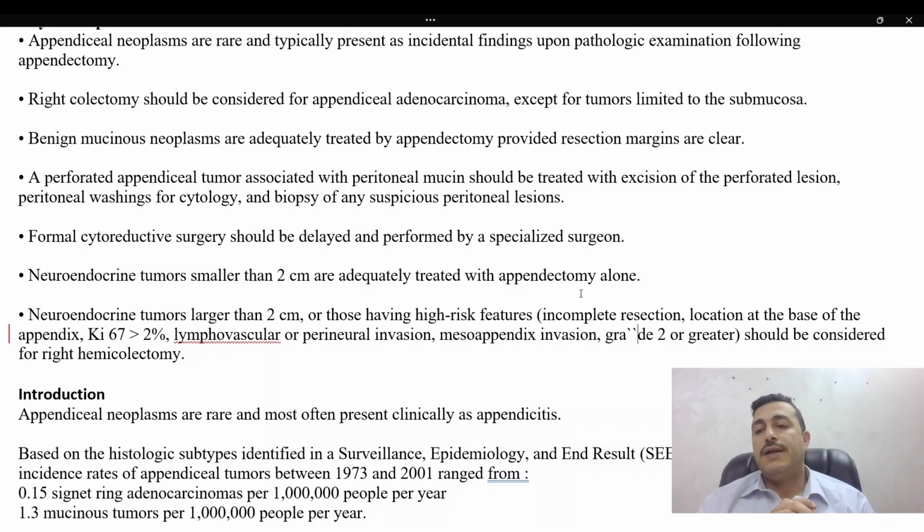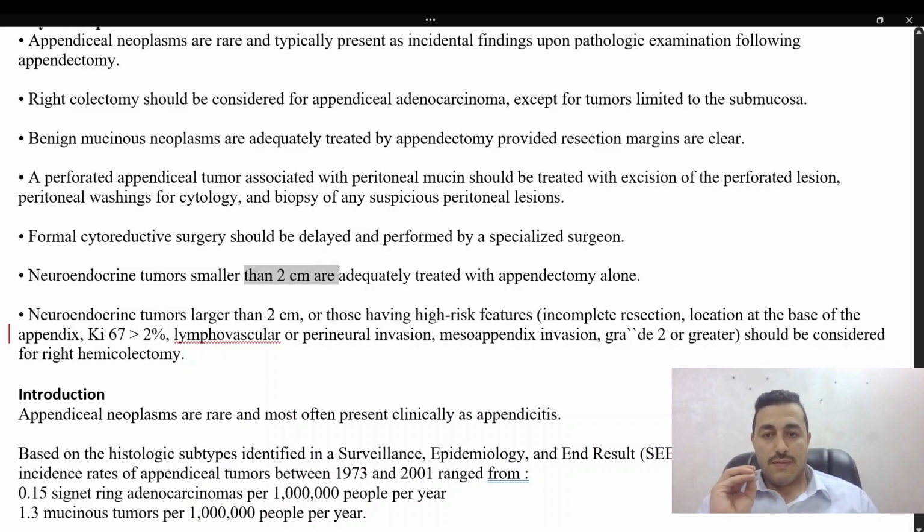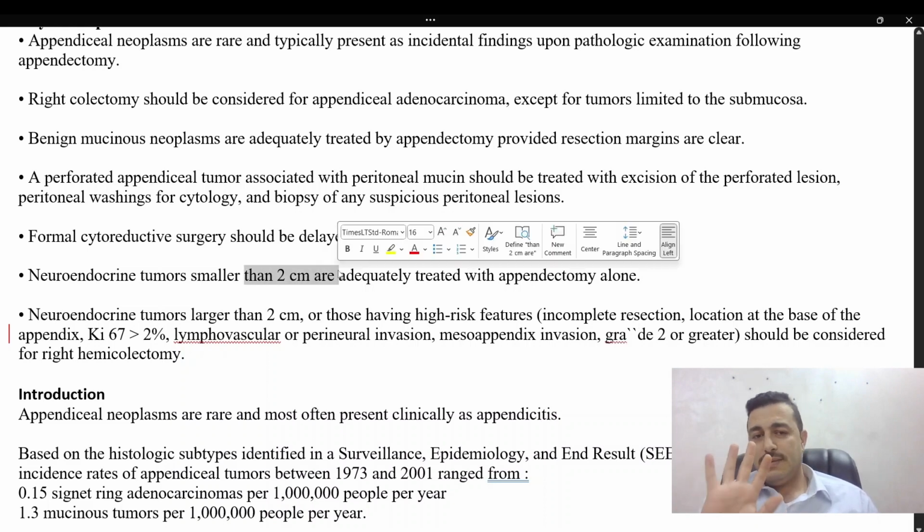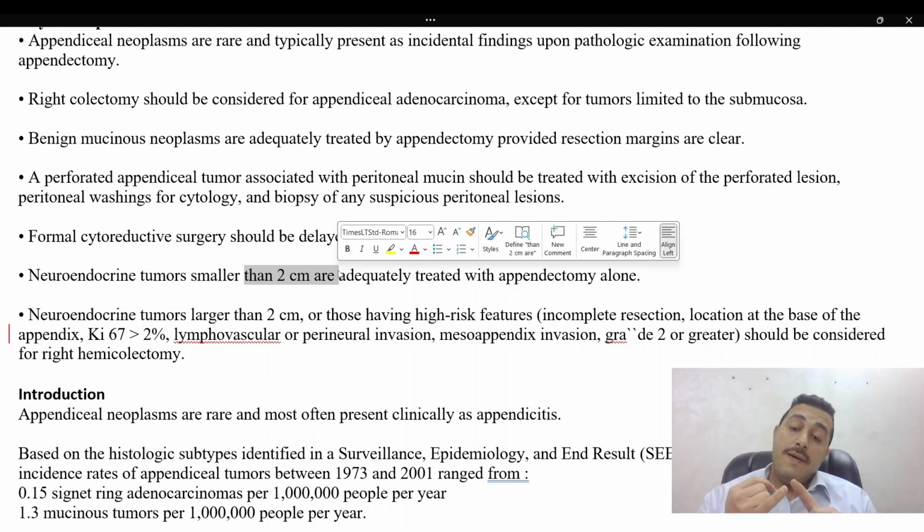If we are talking about the neuroendocrine tumor, a cutoff number does exist here. If we have a neuroendocrine tumor that is smaller than 2 centimeters, appendectomy is enough. If we have a neuroendocrine tumor that is more than 2 centimeters or has high risk features, what are they?